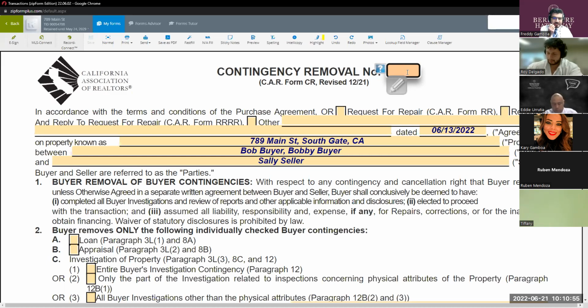If you took notes last week, there are the 6 major contingencies that we always want the buyers to remove. Roy, I believe you took notes last week. There were 6 items the buyer needs to remove.